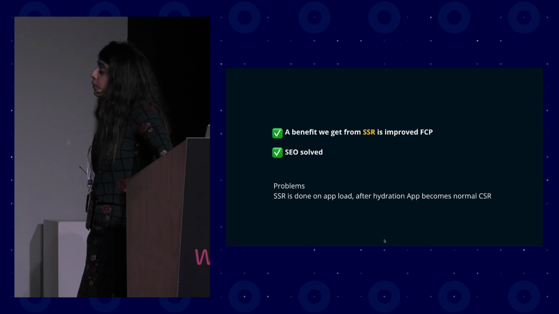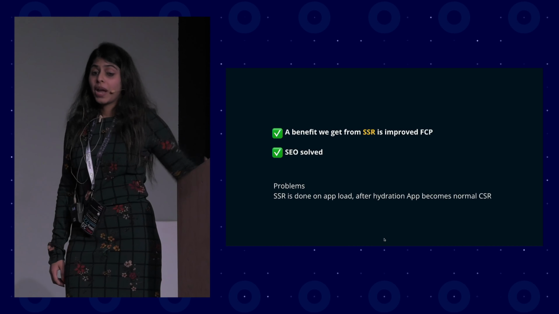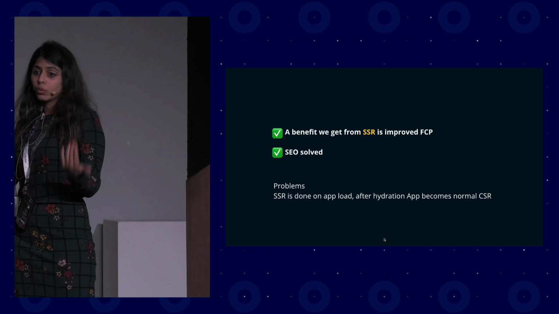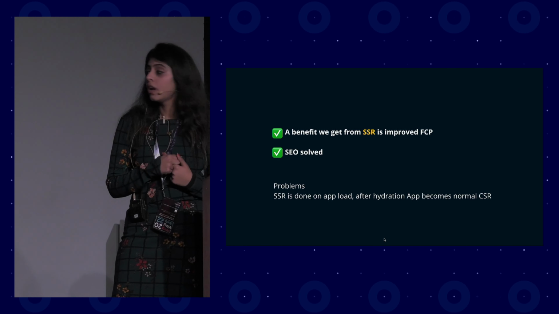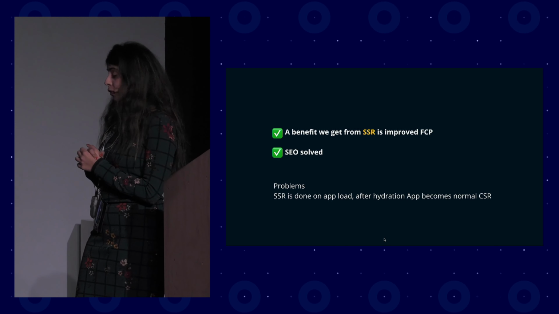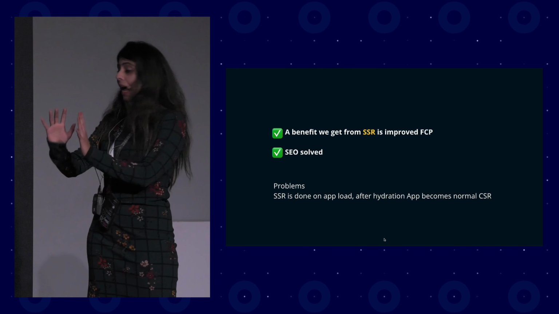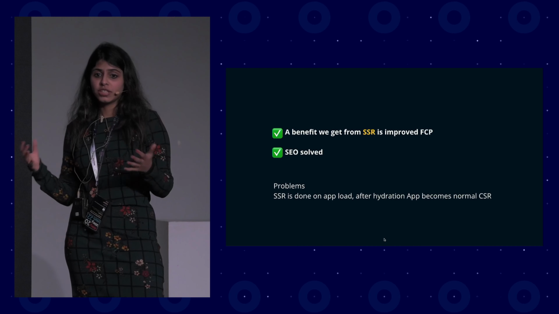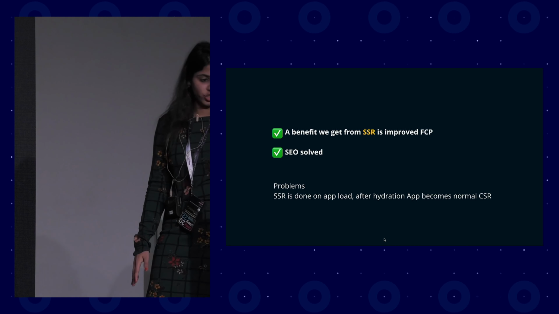The huge benefit we get from SSR is improved FCP, because the browser does not have to wait to download the bundle in order to show content to the user. And also, the SEO problem is solved. But server-side rendering can only be used during the app load. After hydration, the entire application behaves like a normal client-side rendered application.